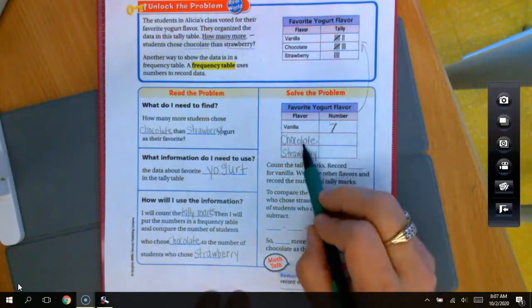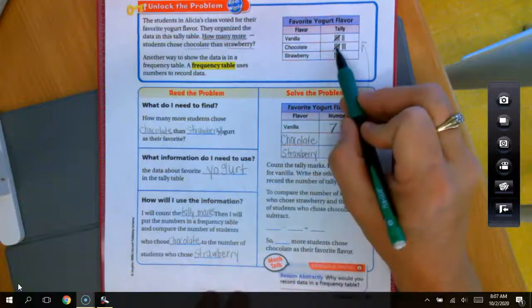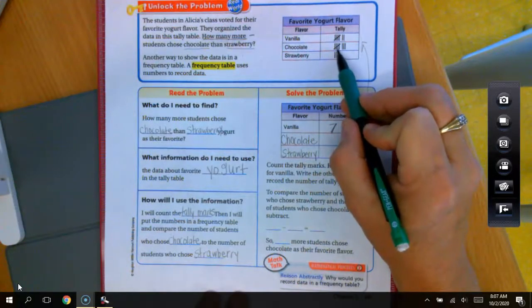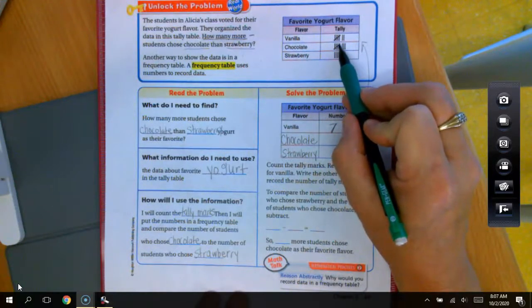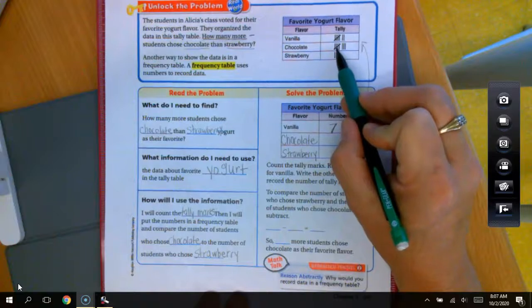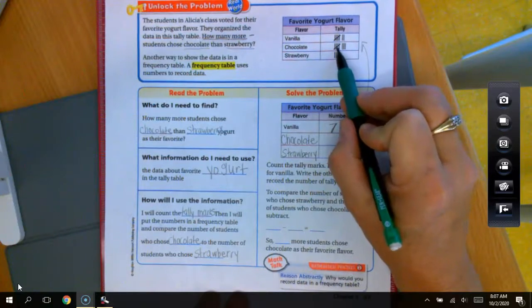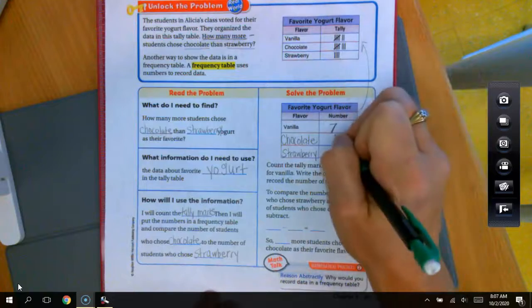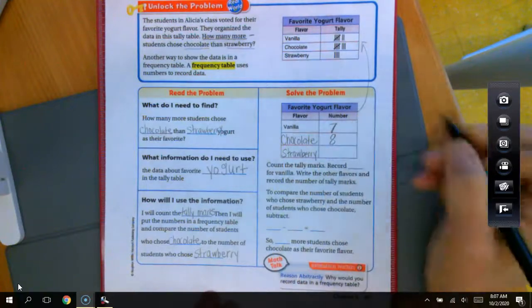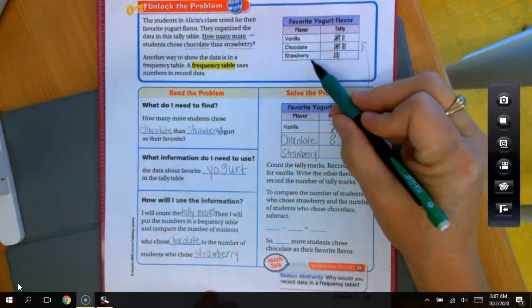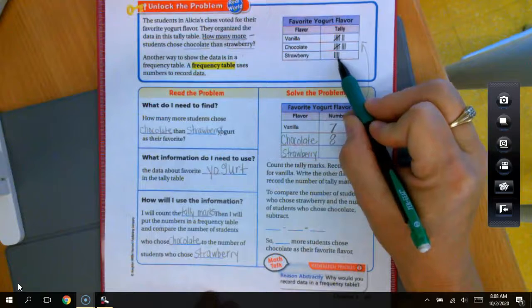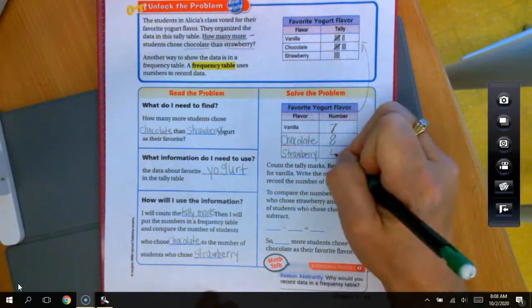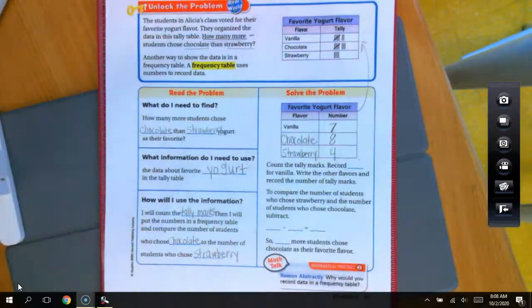I go back up to chocolate. I know this is a group of 5. I don't need to count those individual tally marks because when I see the seatbelt, I know it's a group of 5. So I can say 5, 6, 7, 8. And now I have strawberry. 1, 2, 3, 4. Go ahead and write those, boys and girls.